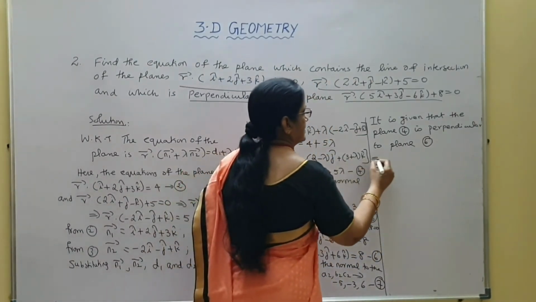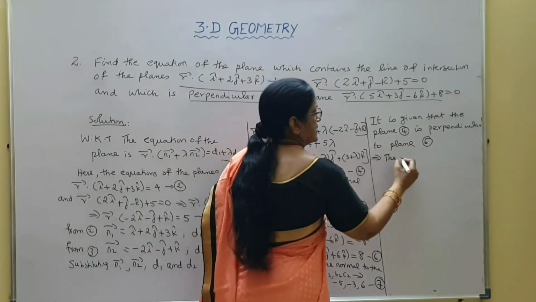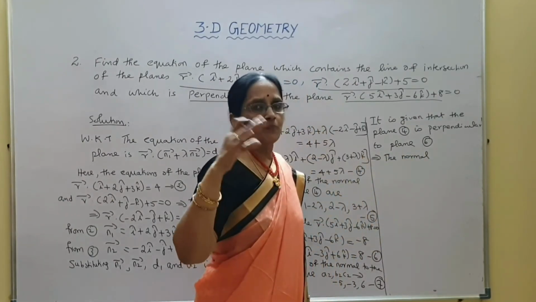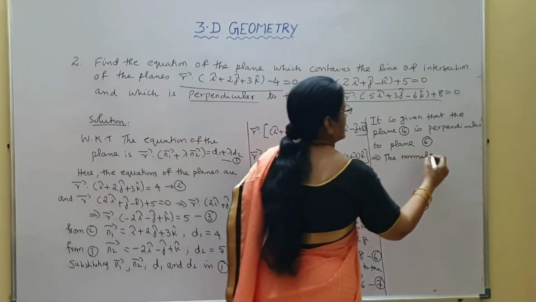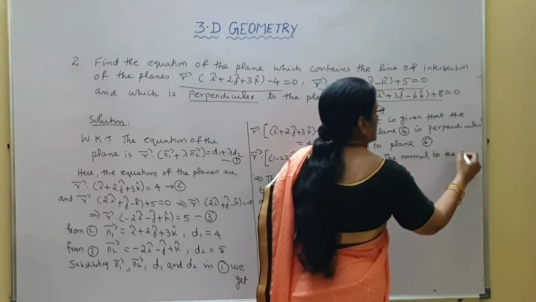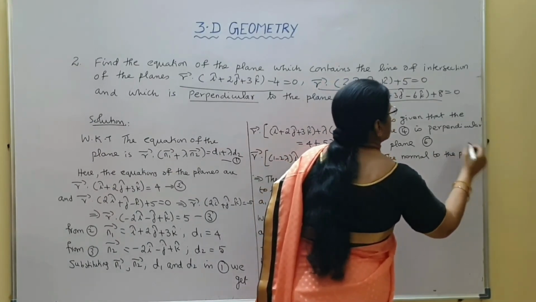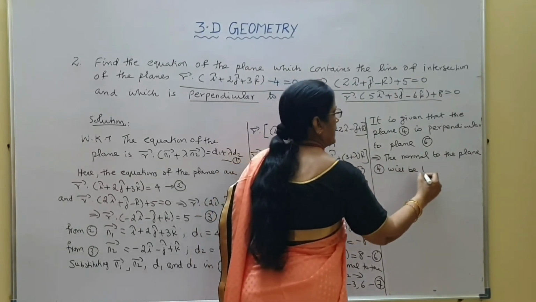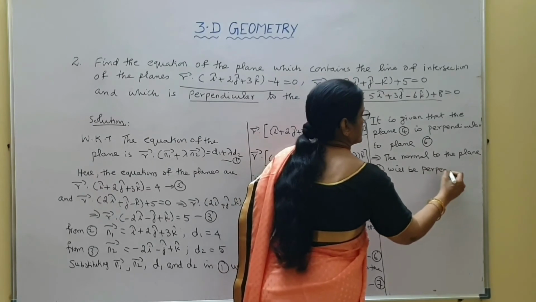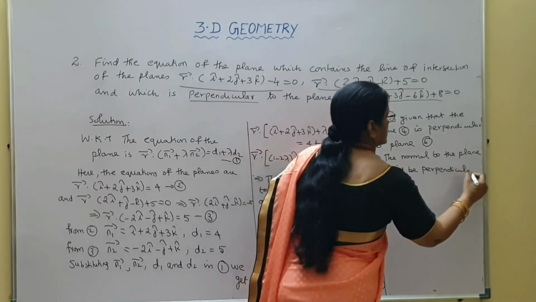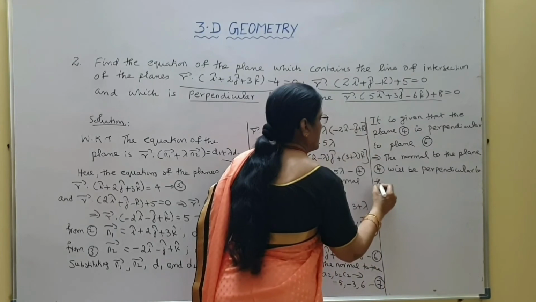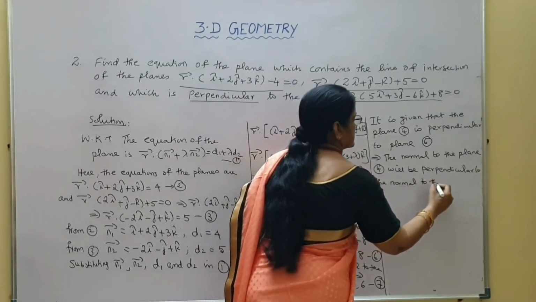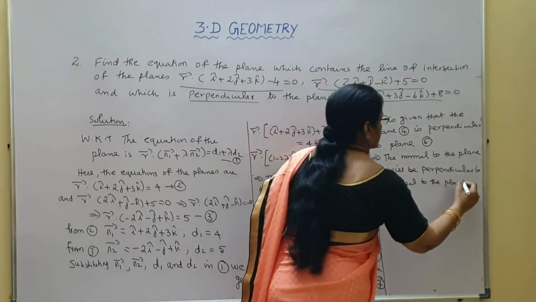This implies the normal to the plane 4 will be perpendicular to the normal to the plane 6, the same step I wrote for the previous question.